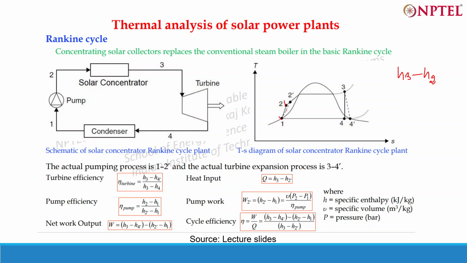Any system is not 100% efficient, so there will be some loss in the pump also. So the actual enthalpy reached is H2 dash. That's why the heat input is basically from H2 dash to H3.